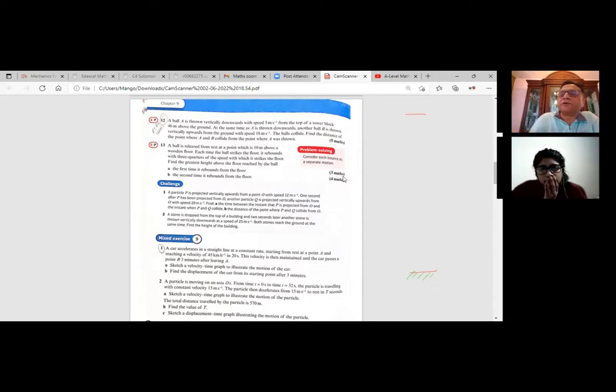So at this stage, we know u is equal to 5 meters per second, and let me write A for ball A. From the top of a tower block, which is 46 meters above the ground. So total height is 46 meters.